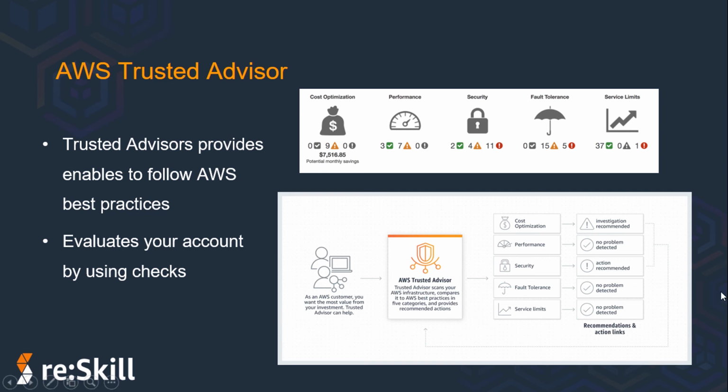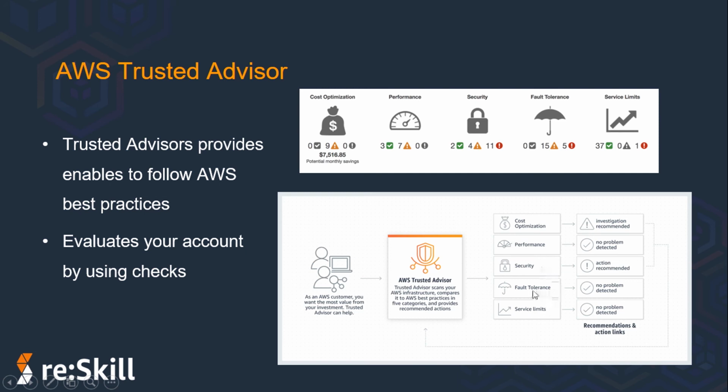Under performance, it can tell you how to improve the performance of your services by ensuring you take advantage of the provisioned throughput and monitoring for overutilized EC2 instances. Then under security, it can tell you how to improve the security of your application by recommending you to enable the AWS security features and reviewing the permissions for the access that you have given.